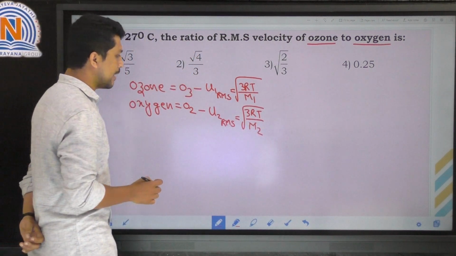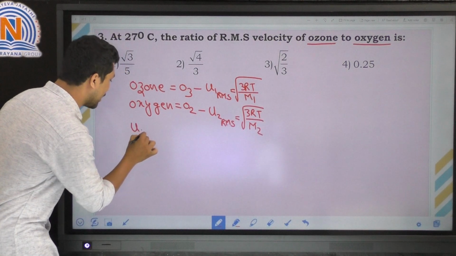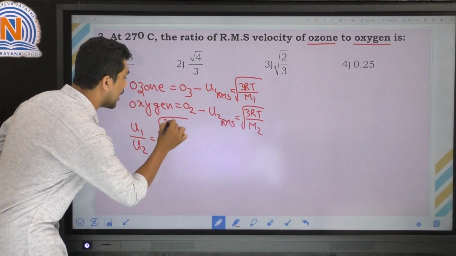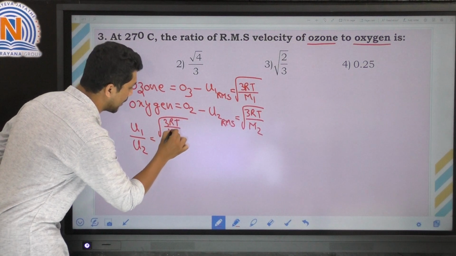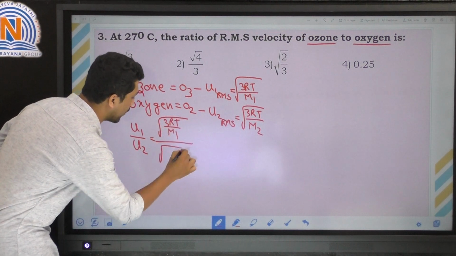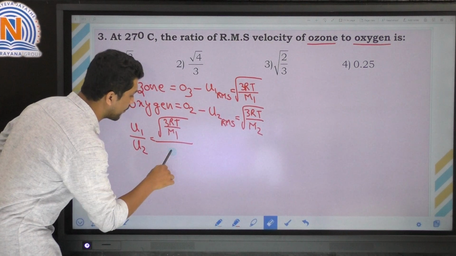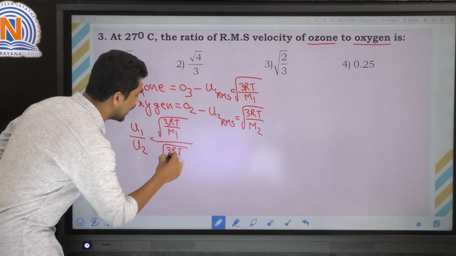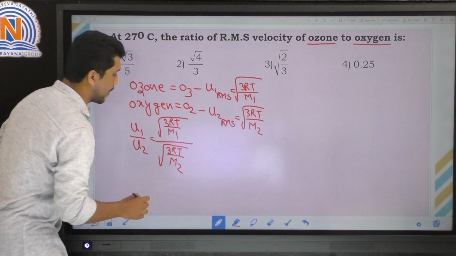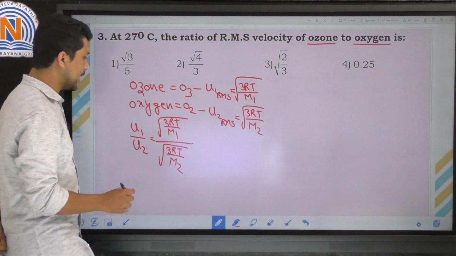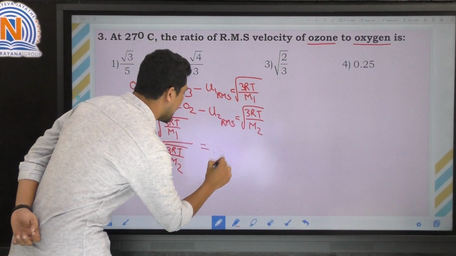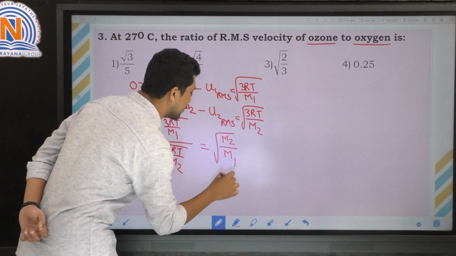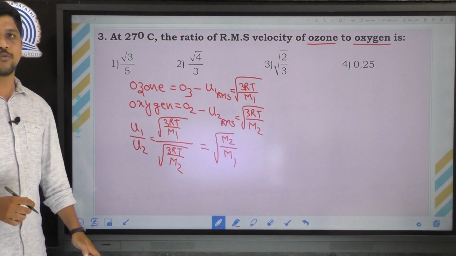Now let's find the ratio u1 by u2 equals root over 3RT by M1 by root over 3RT by M2. Right? Now you will get root over M2 by M1.